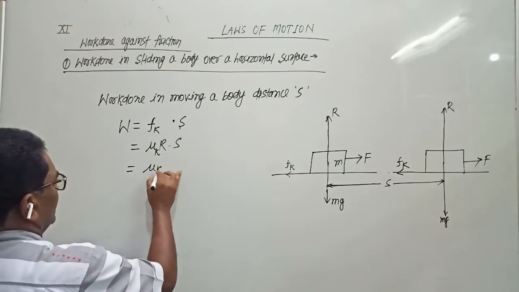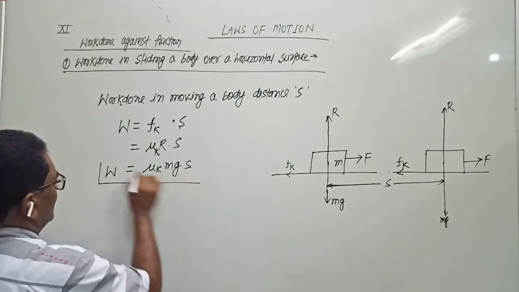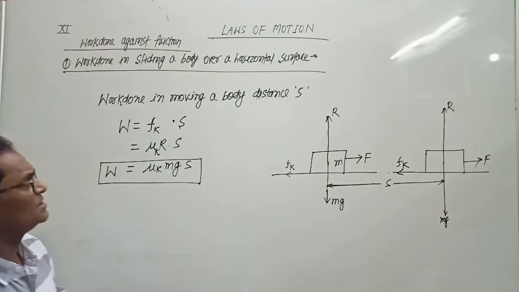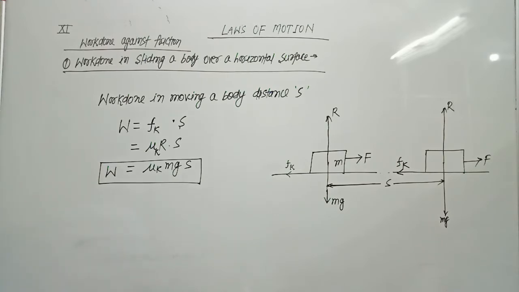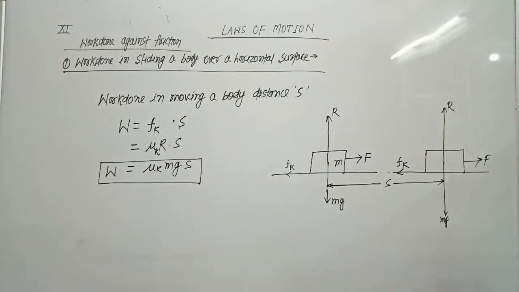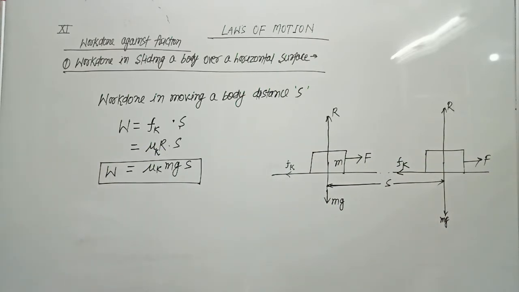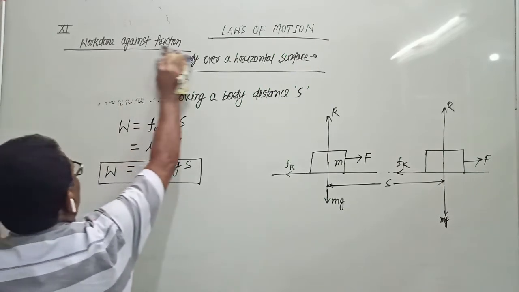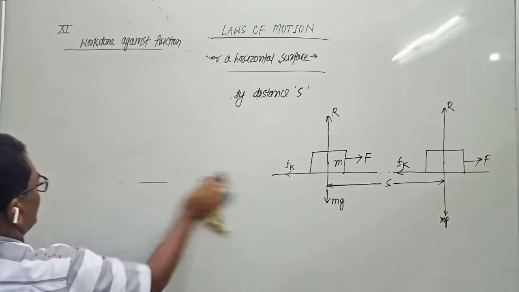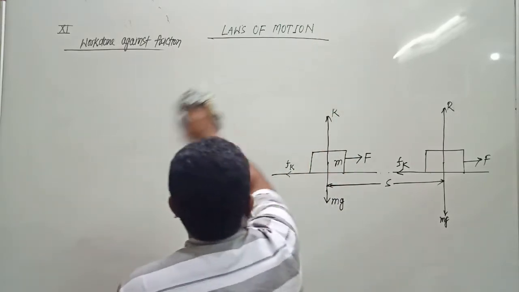So work done equals mu K mg into S. This is the expression for work done when a body slides in the forward direction and covers a distance of S. So this was the first case: work done when a body is sliding over a horizontal surface in the forward direction.